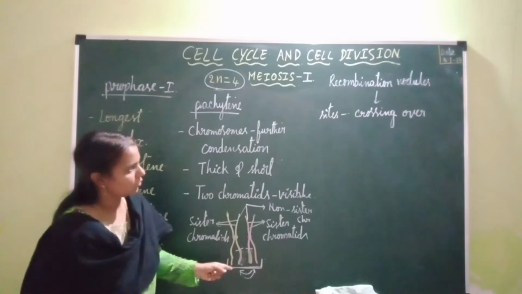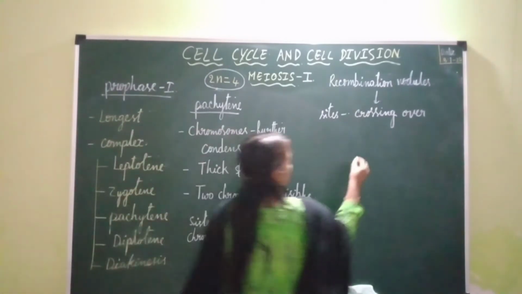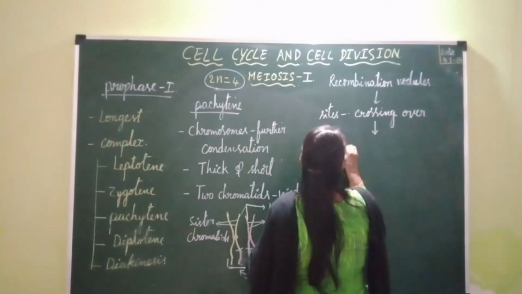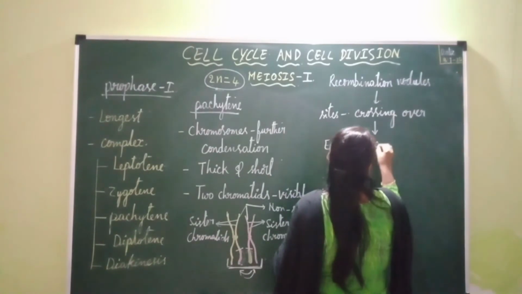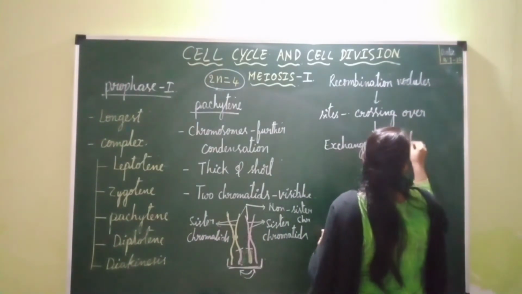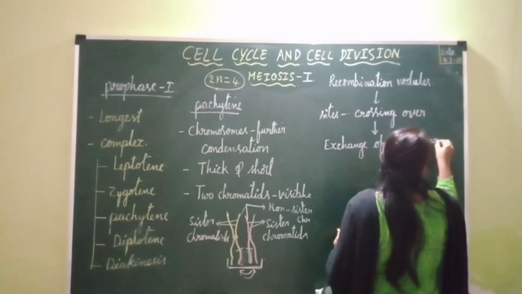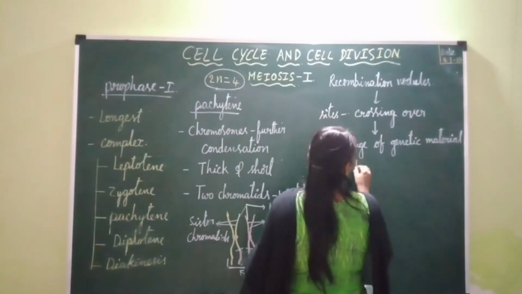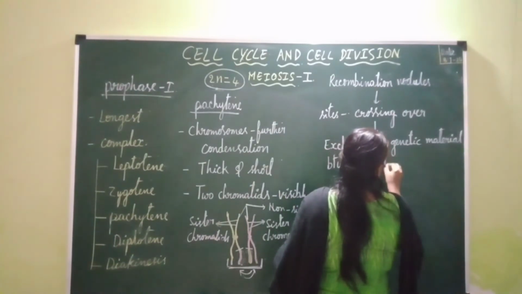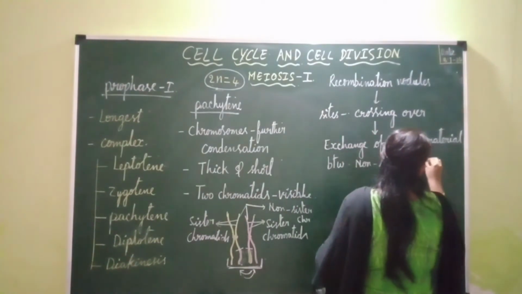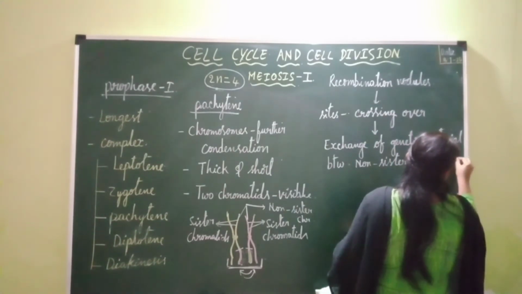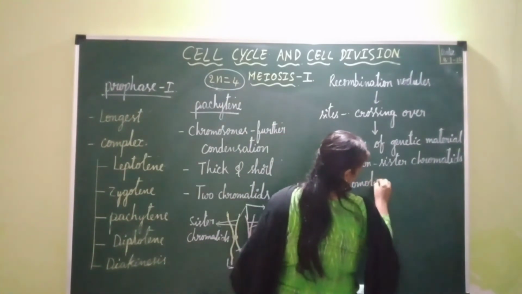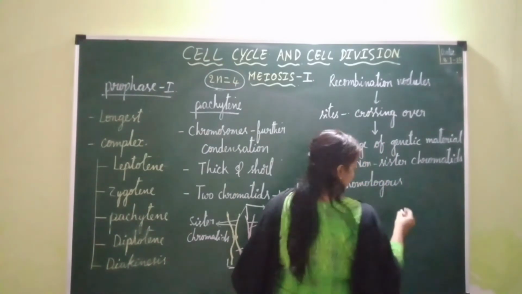So this is called crossing over, which is the exchange of genetic material between non-sister chromatids of homologous chromosomes present in a bivalent.